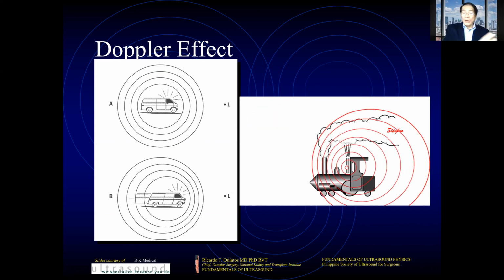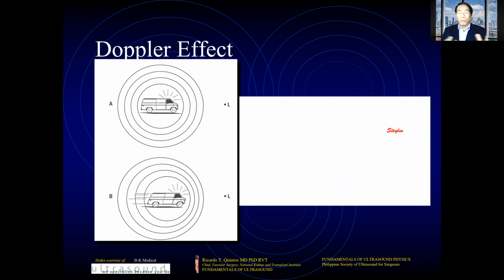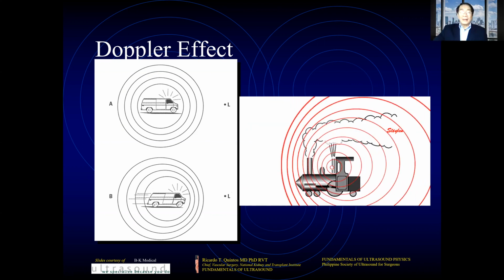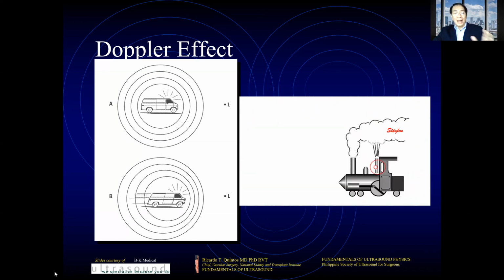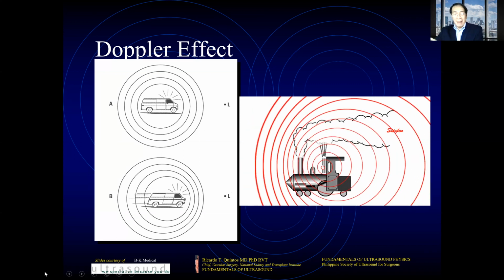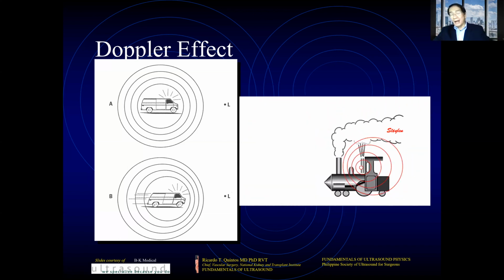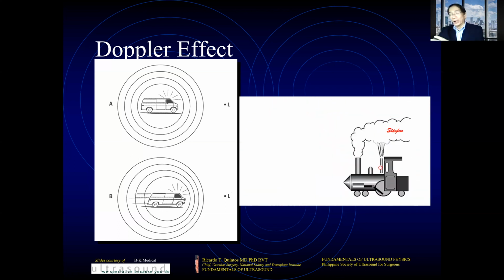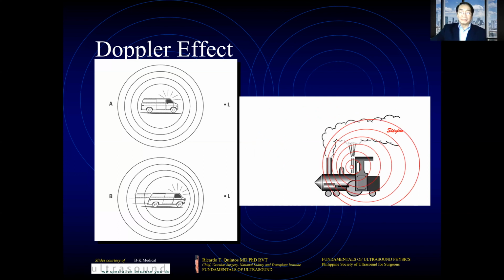It goes like a whoosh, no? When you watch racing cars or a train or an ambulance passing you, you will hear the siren going at a higher pitch and then becoming lower as it passes you. That is called the Doppler effect.